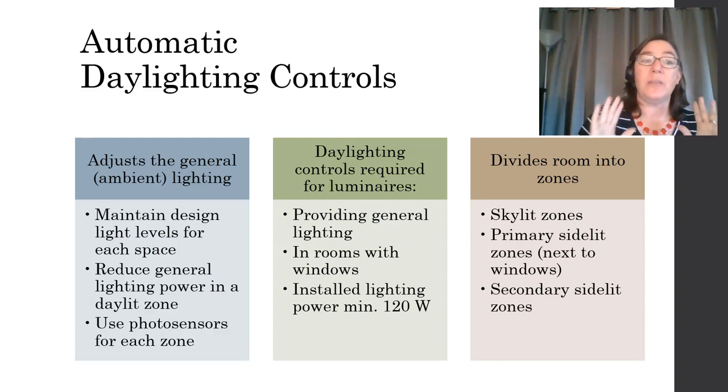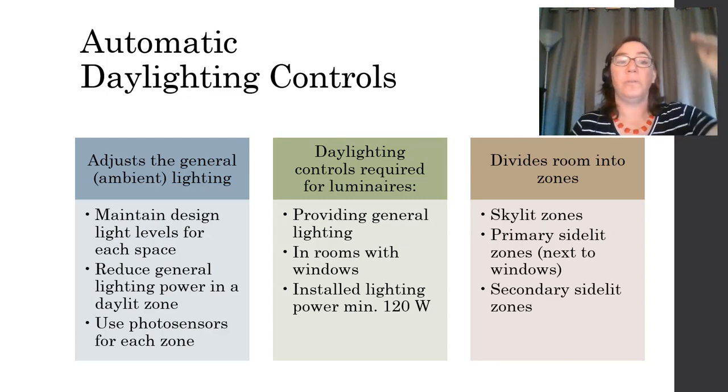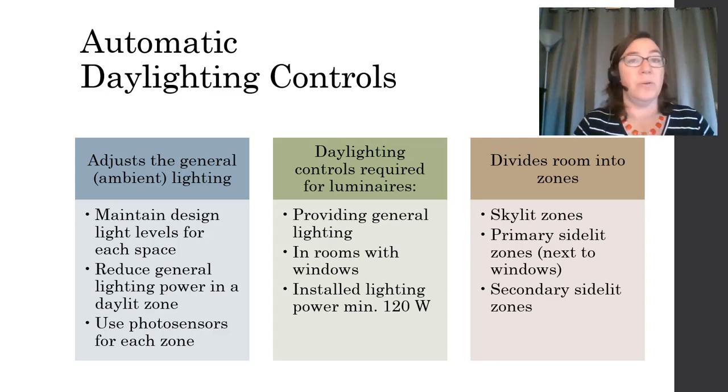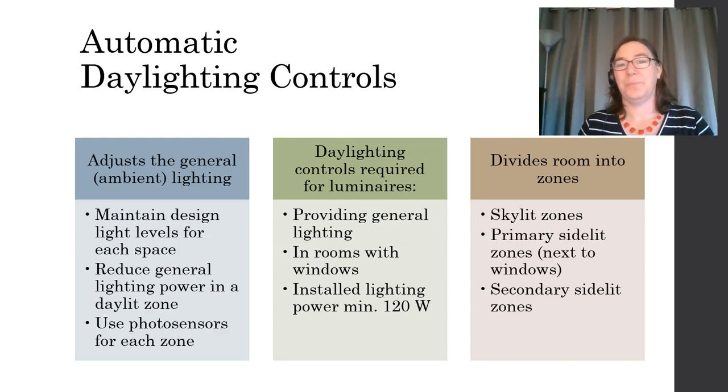So one of the requirements is that you maintain the designed light levels for each space, but you use these controls to reduce the general lighting power in what they call a daylit zone. A daylit zone is one that has some daylight coming into it. All right. And the way we do that is to use photo sensors for each zone.